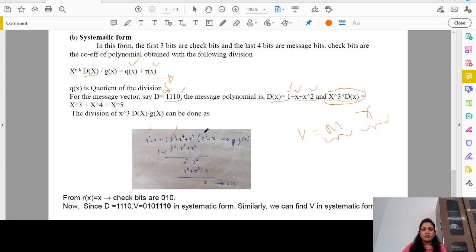So I can consider x square here because x cube into x square will give me x power 5. So this is x square into x cube, which is x power 5, plus x square into x, which is x cube, plus x square into 1, which is x square.